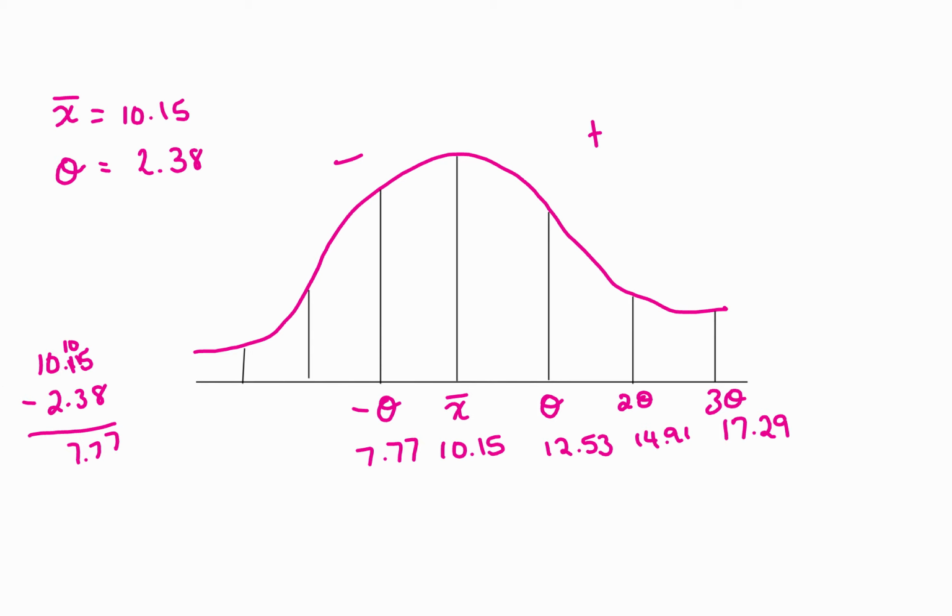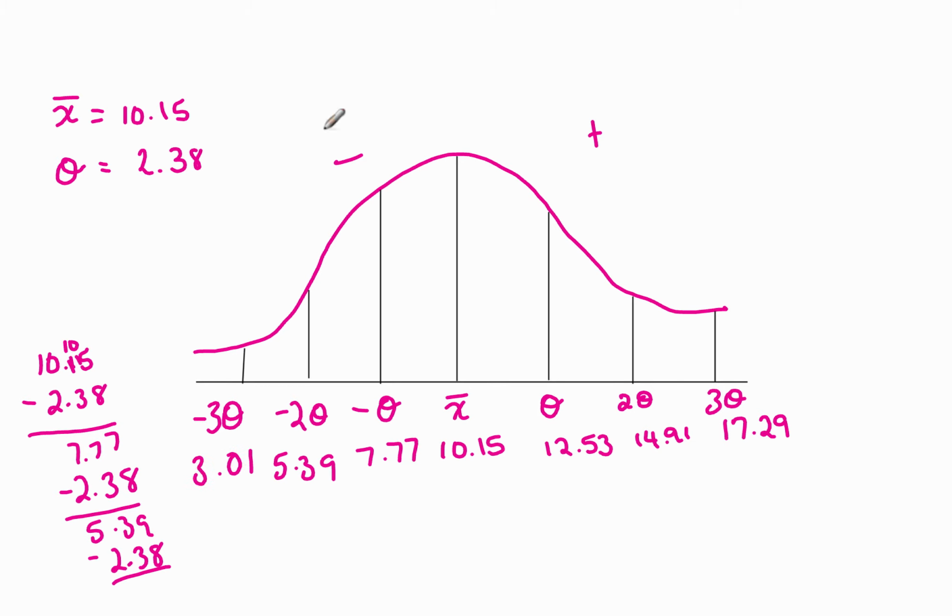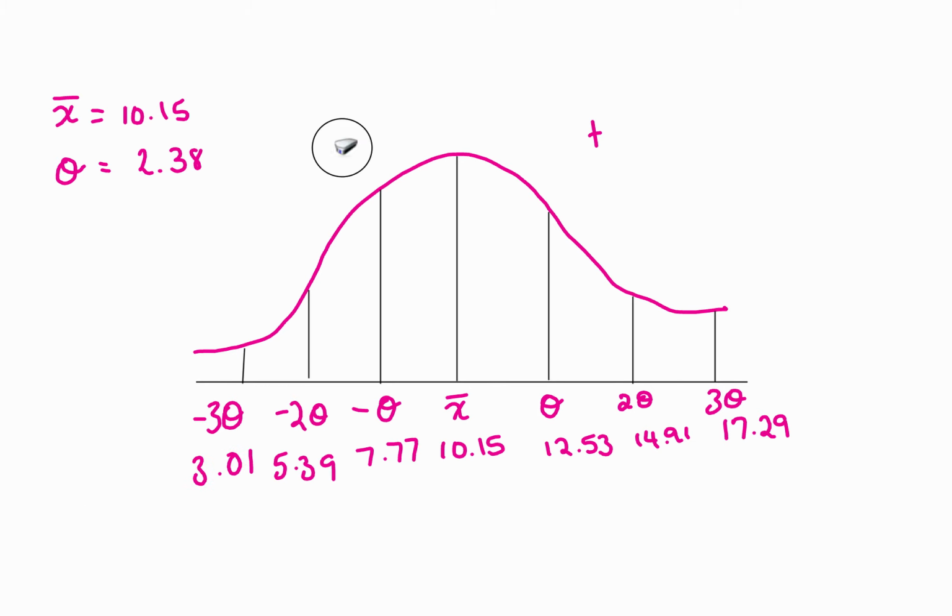I'm going to subtract one more. So two standard deviations below, it's 5.39. Subtract one more, and we get 3 below: 3.01.